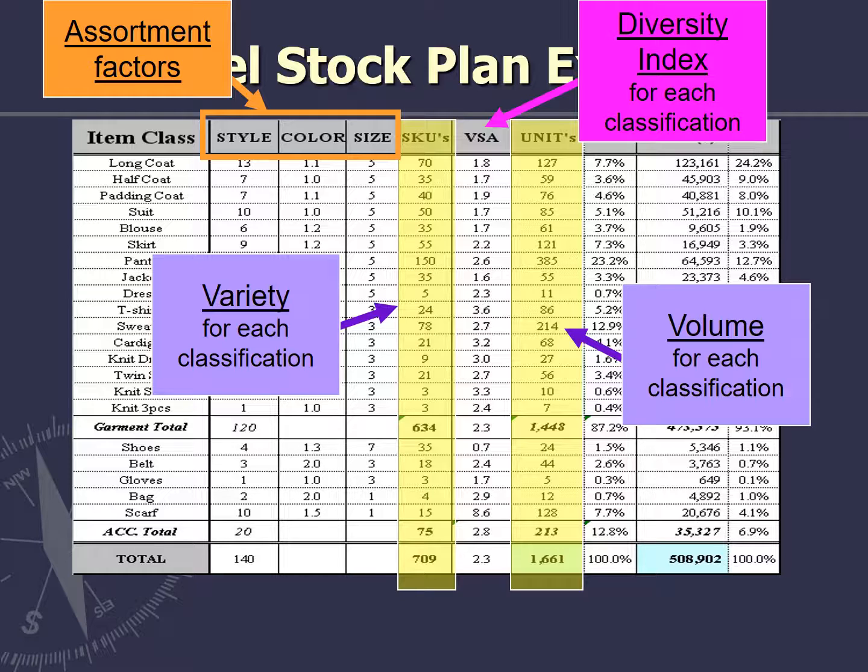This VSA can be compared with the diversity index chart, which shows how diverse or focused the assortment is in each classification given the VSA.